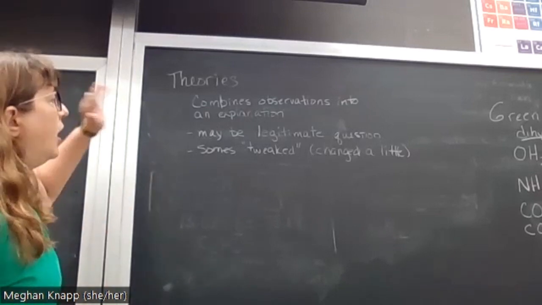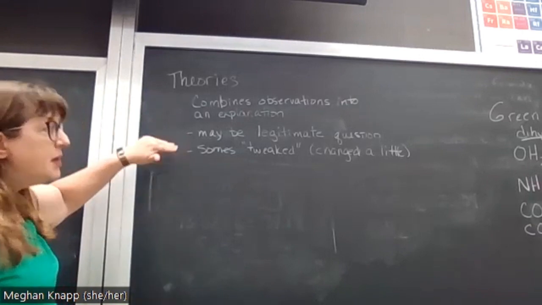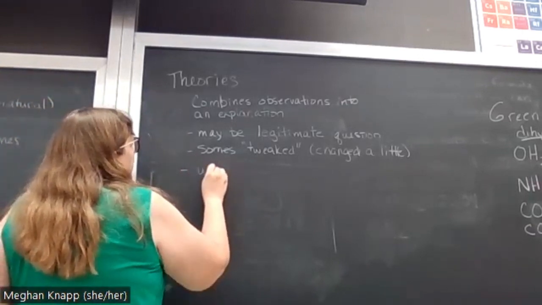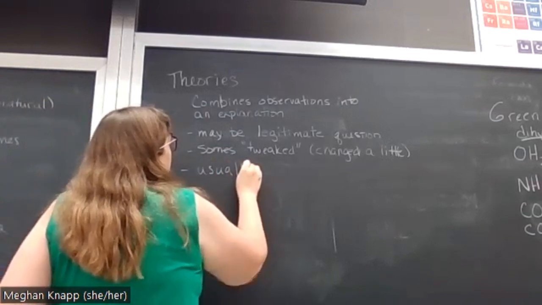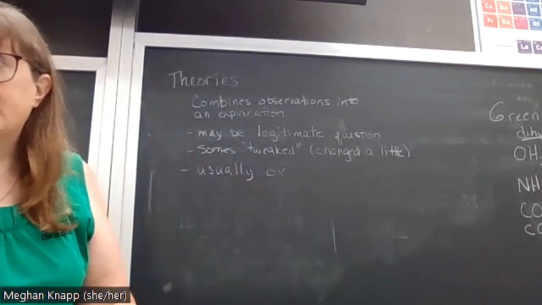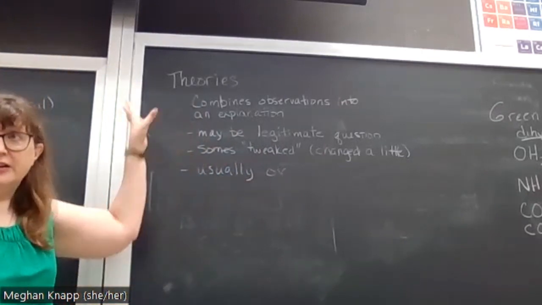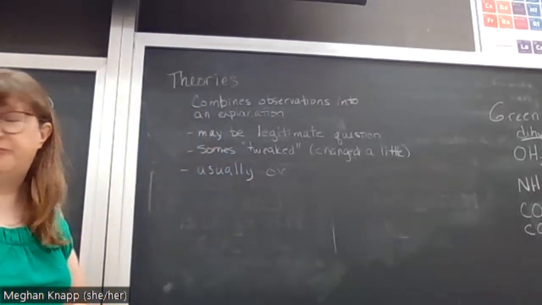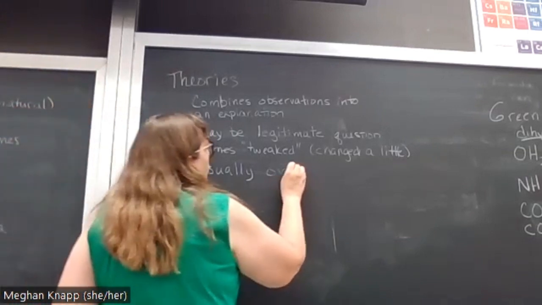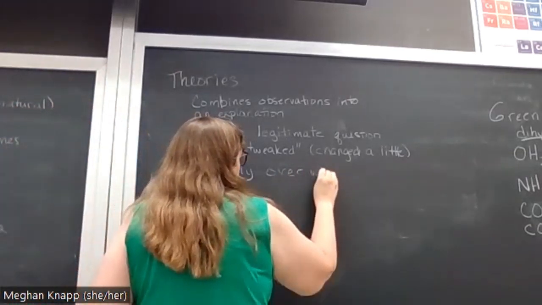Okay. So a theory, there may be some questions. Sometimes we have to tweak it a little bit. Usually, if it's something that we know about, if it's not something that's newly published theory in the Journal of High-Minded Science or whatever, usually there is overwhelming evidence for it.